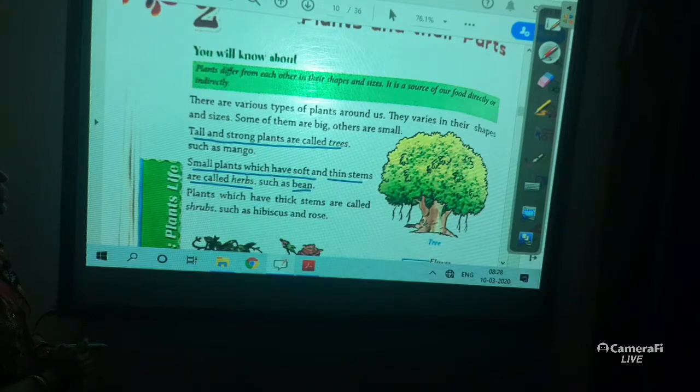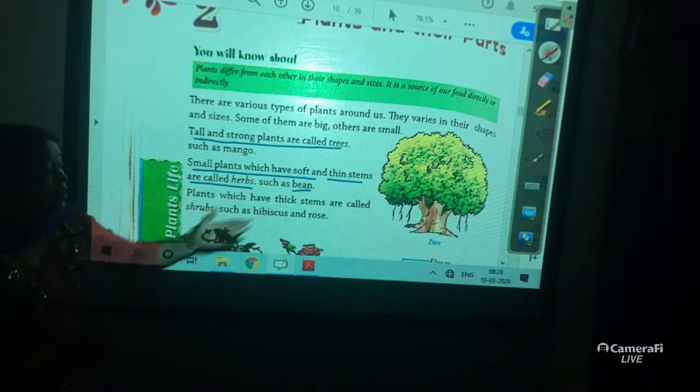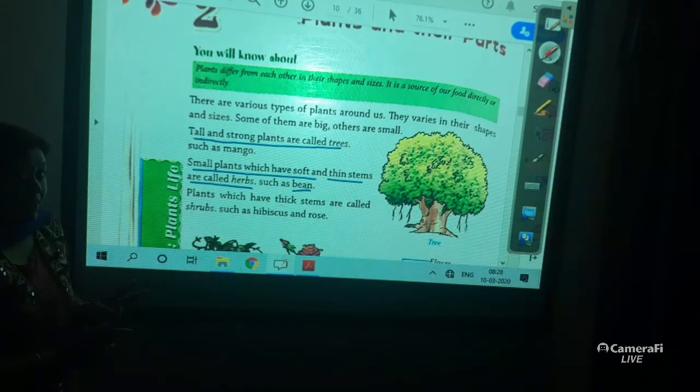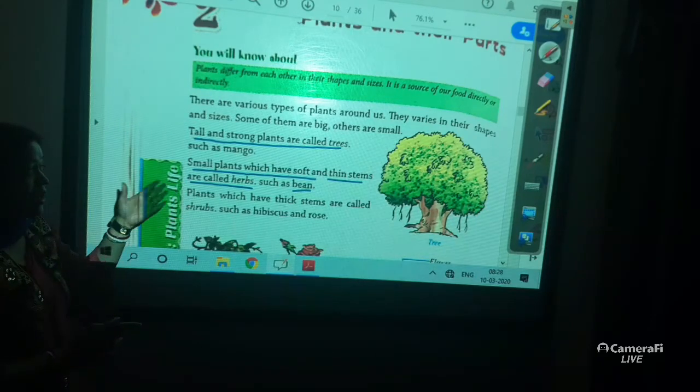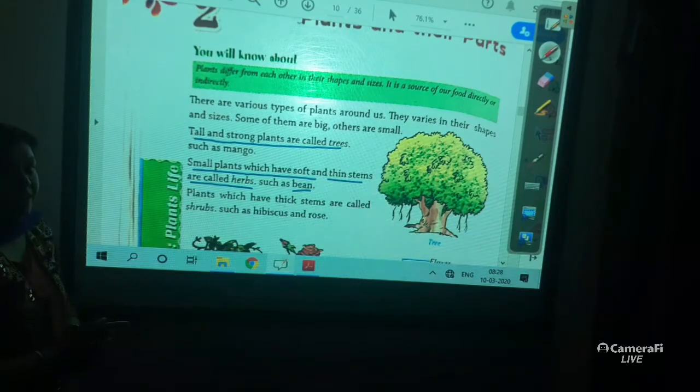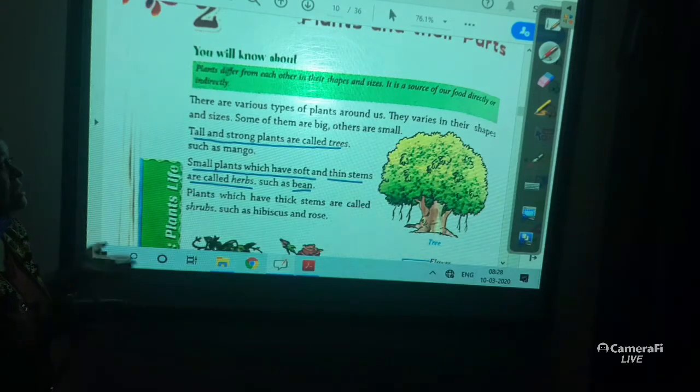So children, up to here we have learned two things: what are trees and what are herbs. Yes, the plants differentiate according to their shapes, sizes and also the shape of the stem.